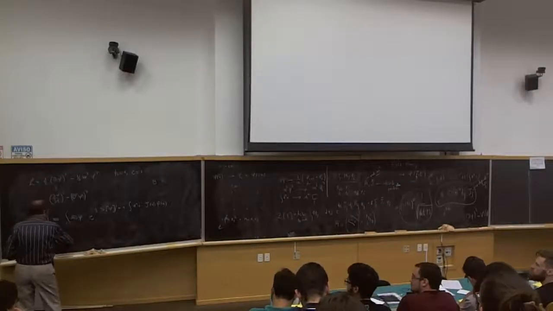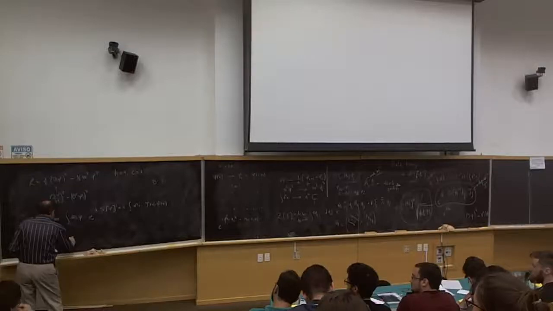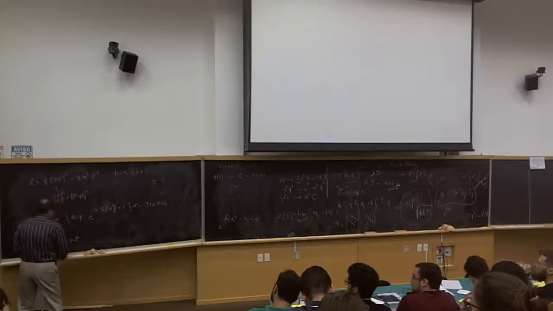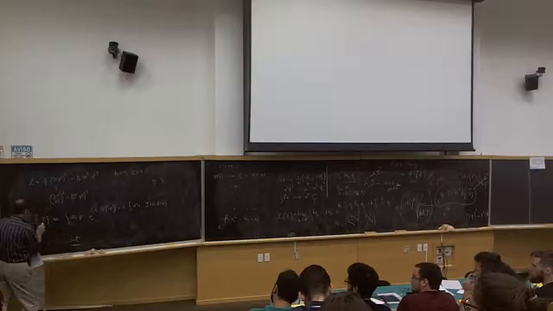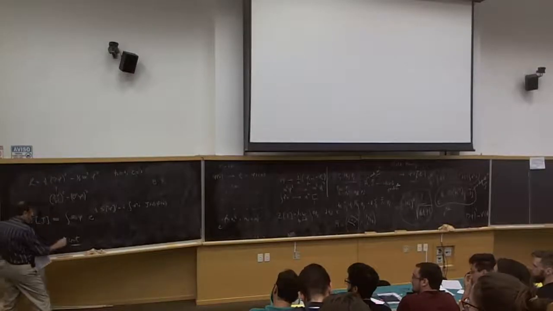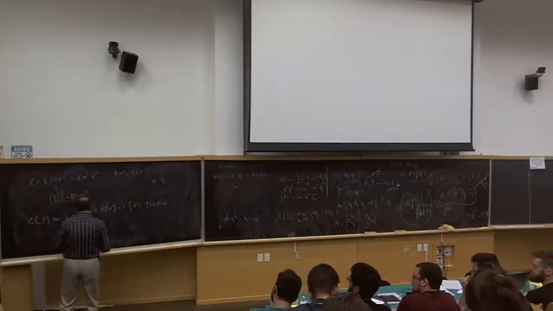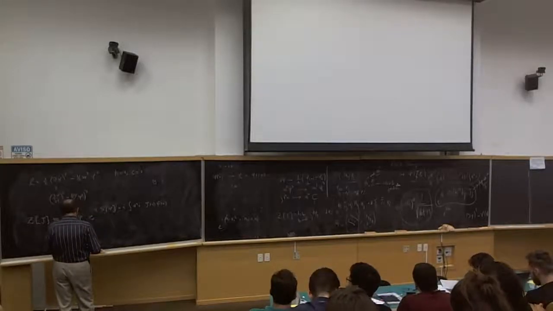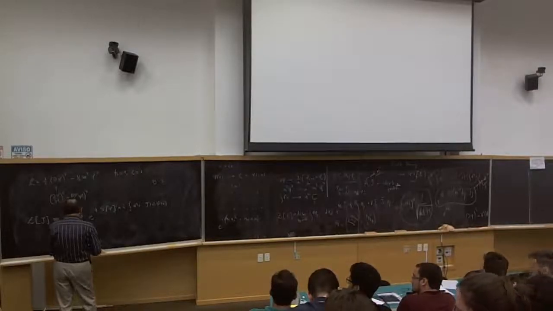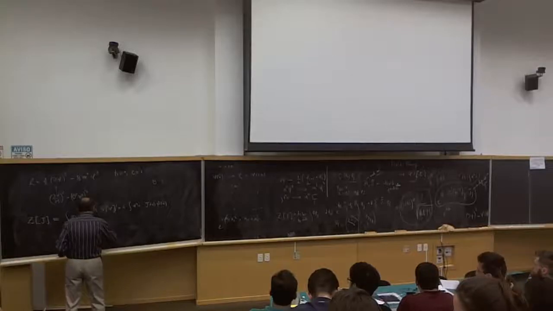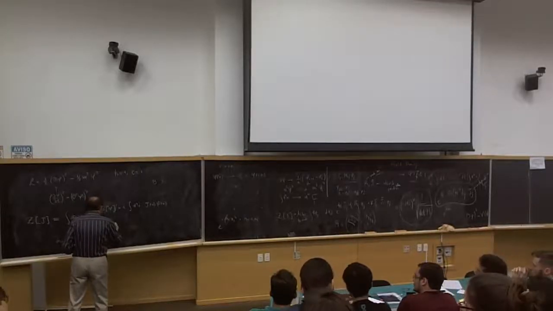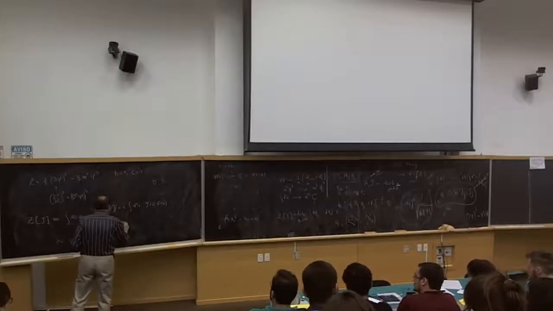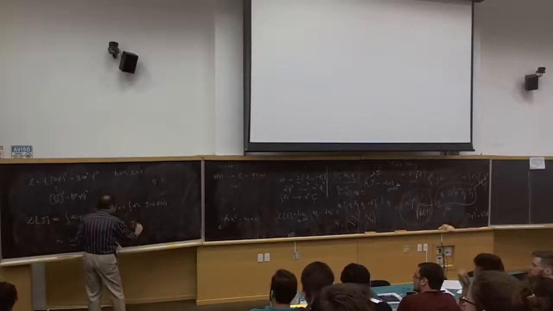It is something that goes from a constant, constant with respect to J, okay, times exponential I over 2 integral d4x d4y J of x.